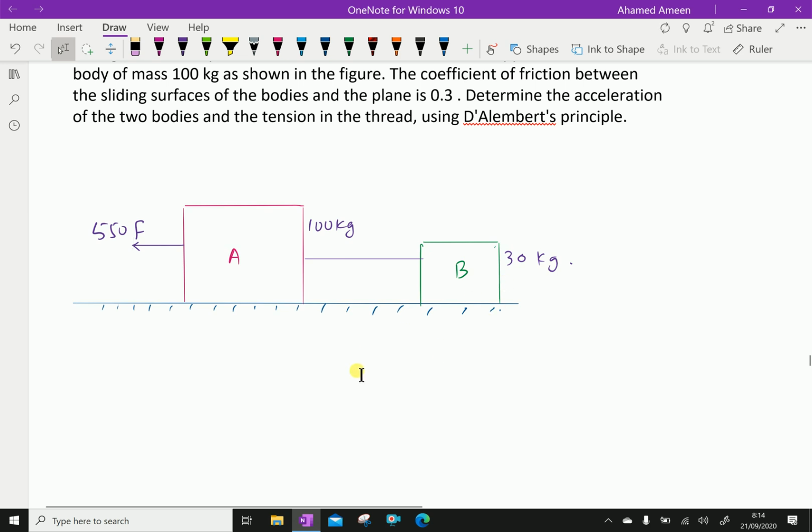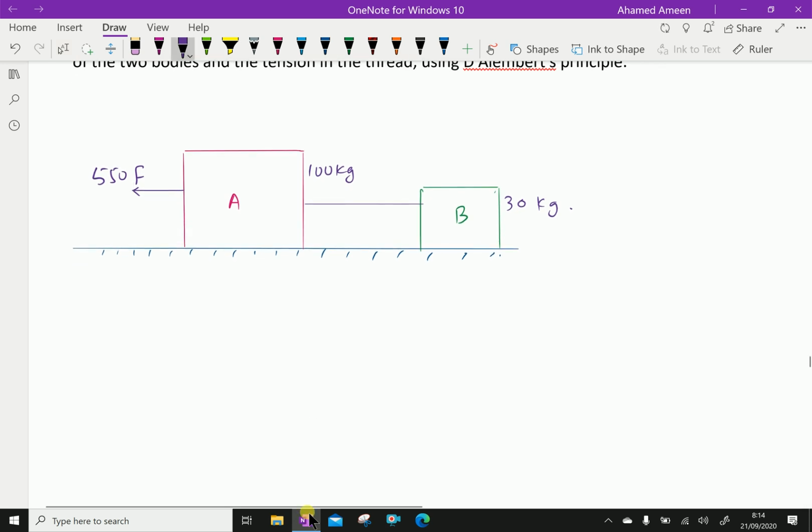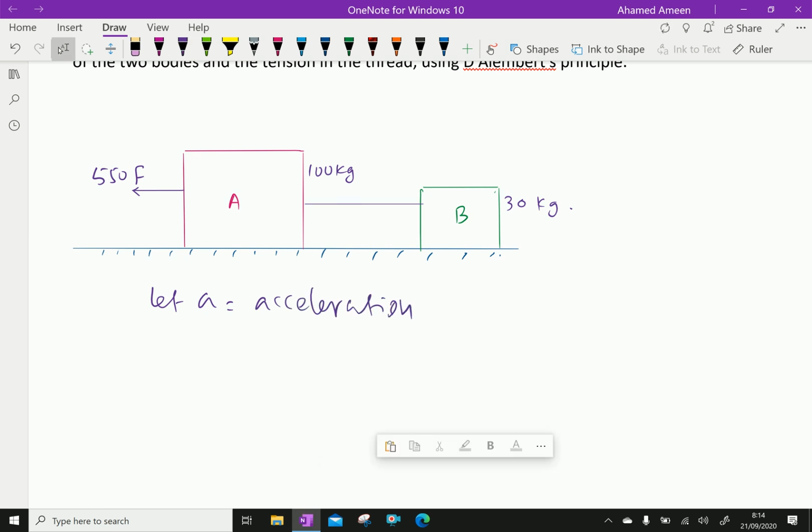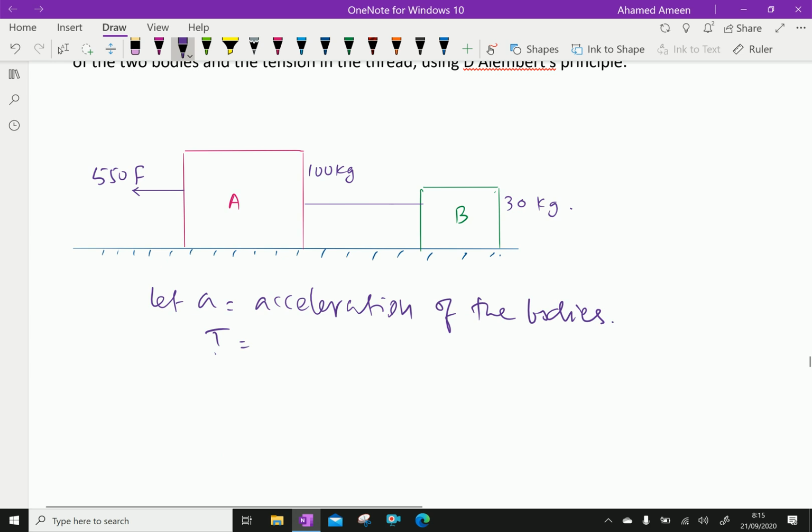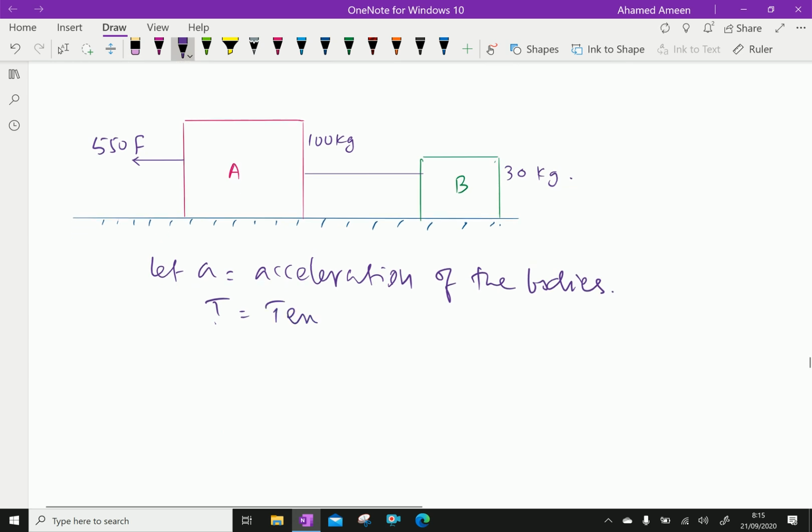Now let a equal the acceleration of the bodies. Both accelerations are the same because they are tied, and T equals the tension in the thread.